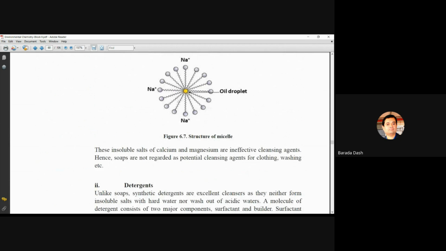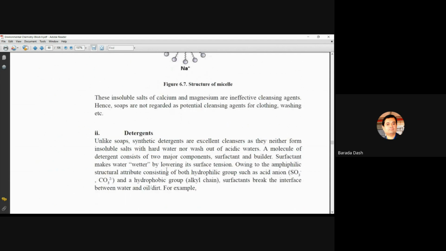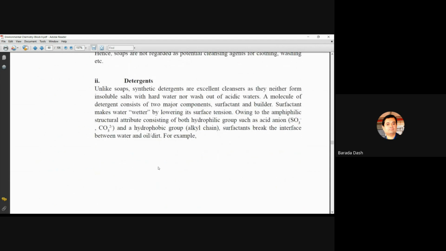So how does soap form the micellar structure? Micellar means a globular structure. Then detergents. Unlike soaps, synthetic detergents are excellent cleaners, and they neither form insoluble salts with hard water nor wash out of acidic water. A molecule of detergent consists of two major components, surfactant and builder.